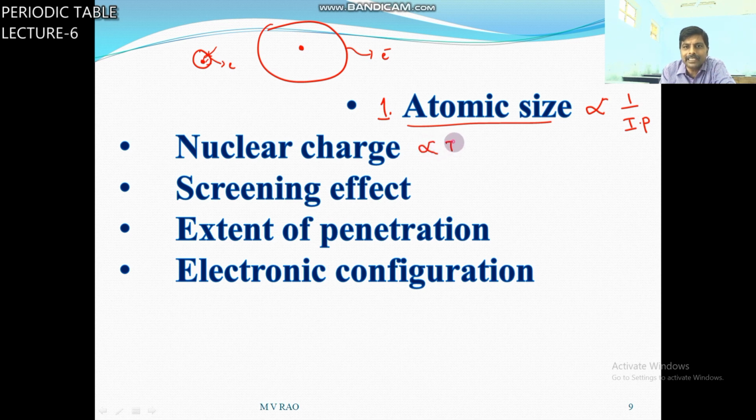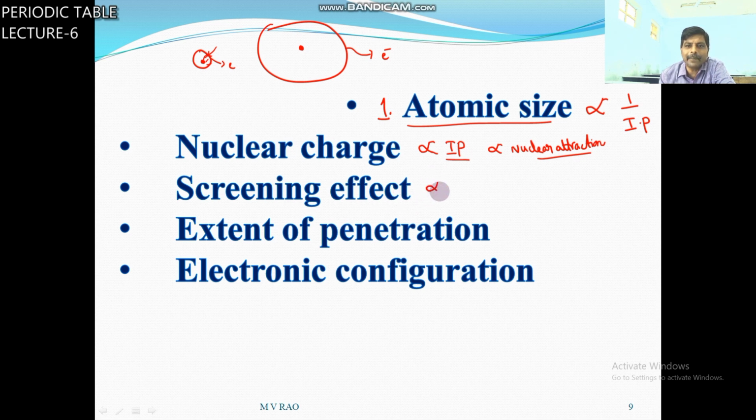Nuclear charge is directly proportional to ionization potential because more nuclear charge means more nuclear attraction. To overcome this attraction, more energy is required, hence the IP value is more.